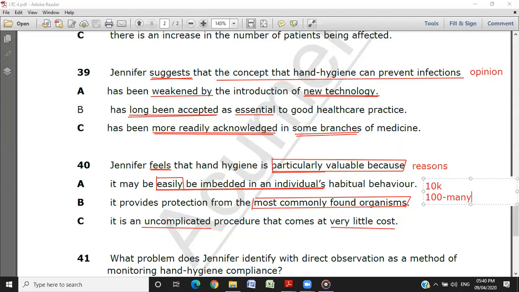No, because many just indicates numbers, whereas most is proportionate. So depending on how much you have in total, out of that you can say most. So out of 10,000, if 7,000 attend, then I can say most. But even if 100 attend, which is hardly 1% of the total number, I can still say many students. So that's the difference between many and most.